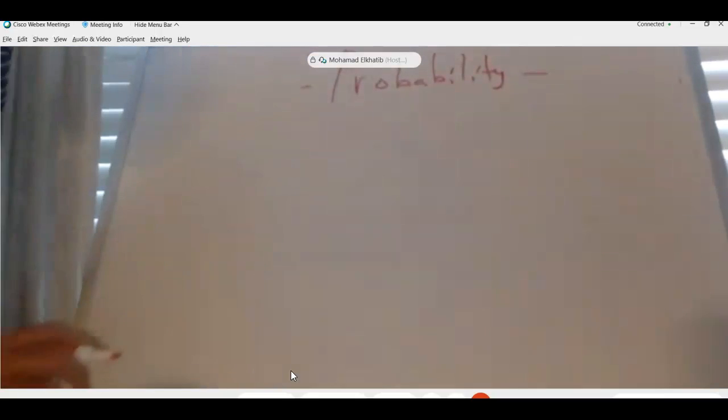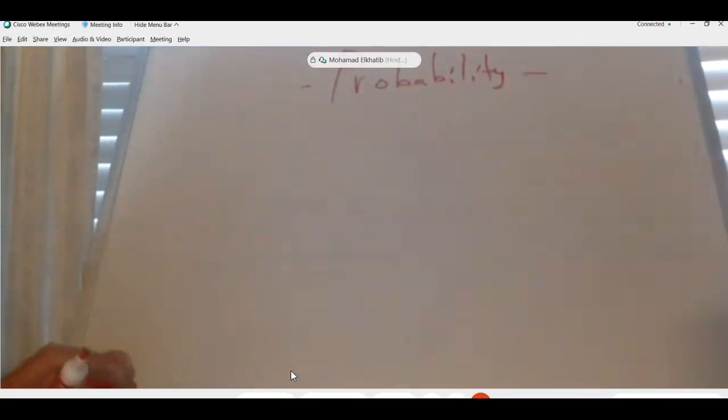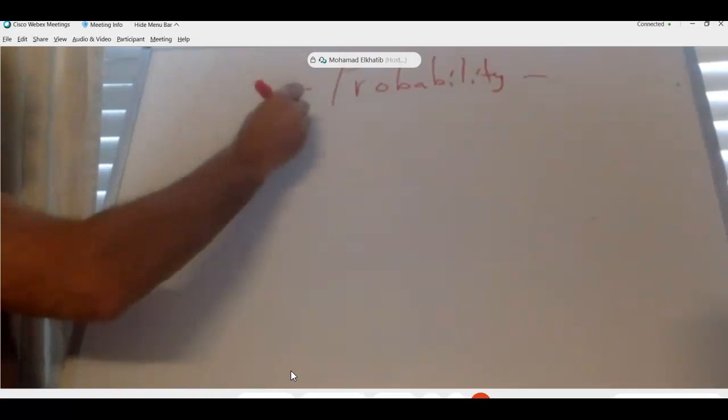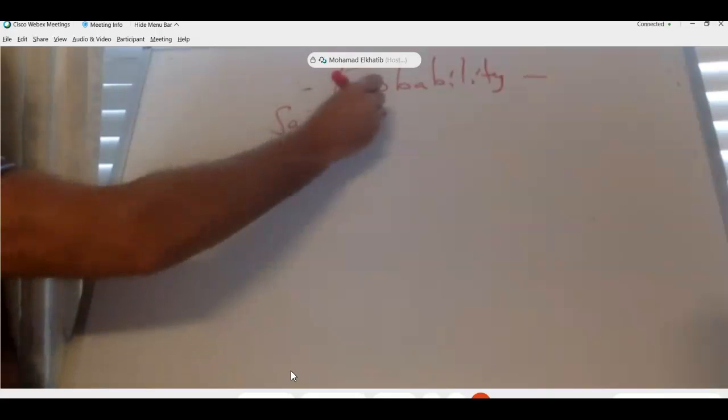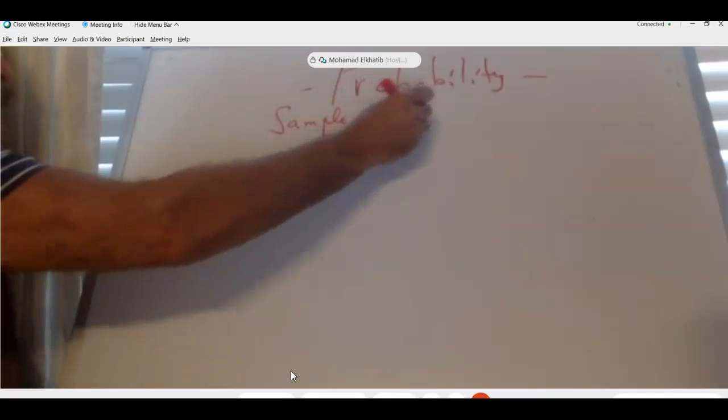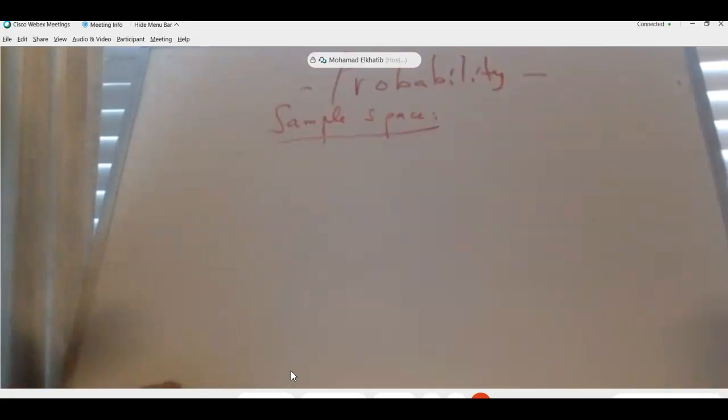You cannot really understand probability unless you do something we call sample space. And remember, I'm going to extend this assignment because I don't want to rush probability, okay?